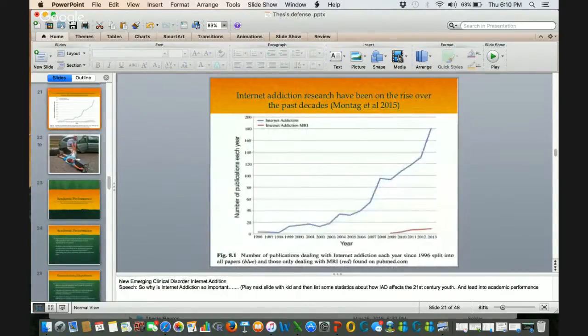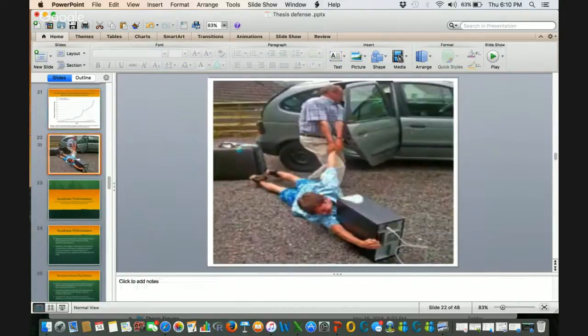So over the years, there's been an increased rise in the need to study addiction, and there's a particular cause for that. It's affecting our youth. As we see now, internet users have increased drastically, and the primary users are between the ages of 14 to 21.